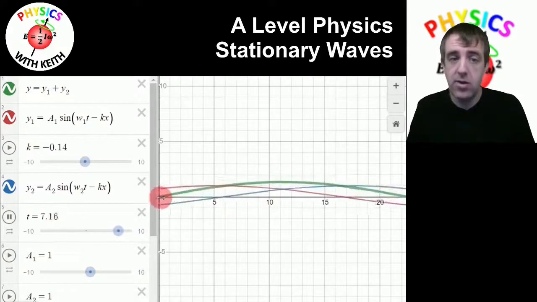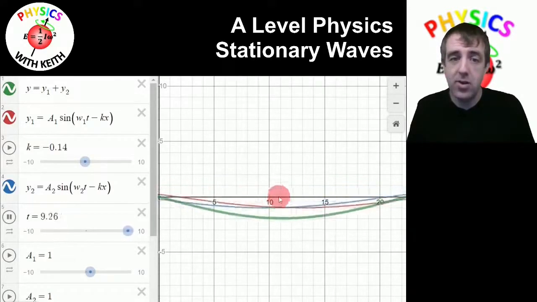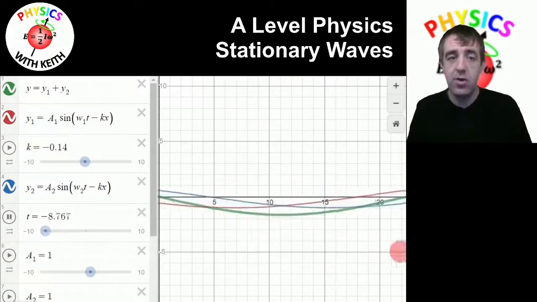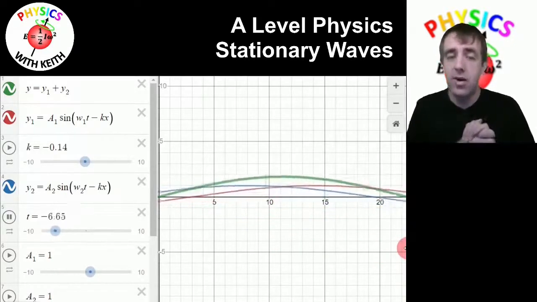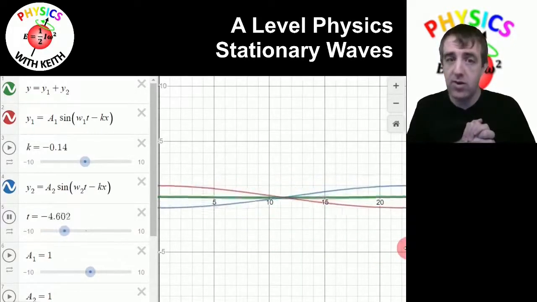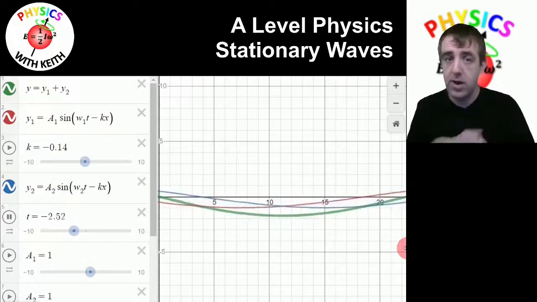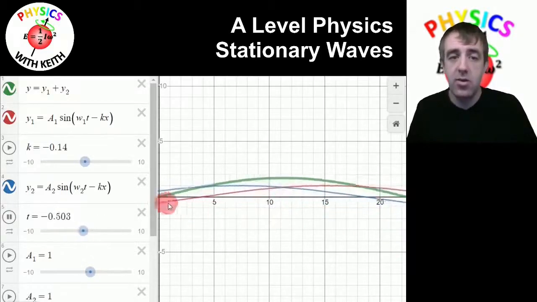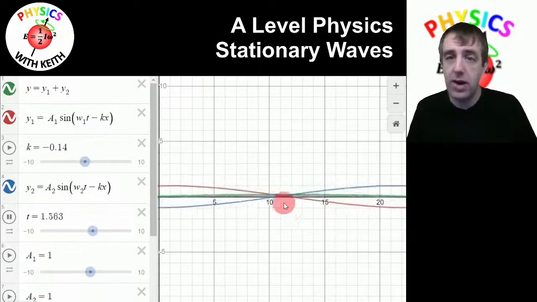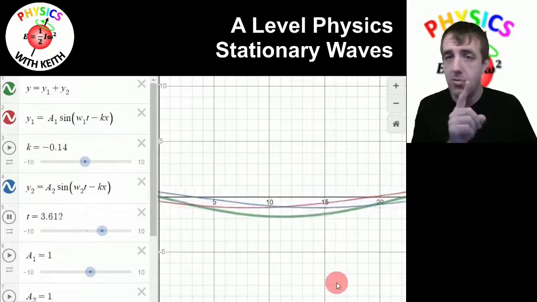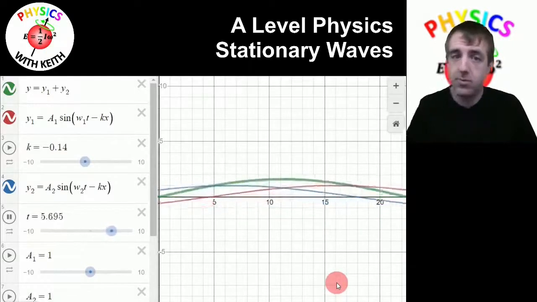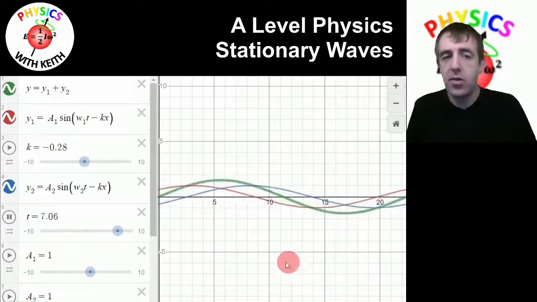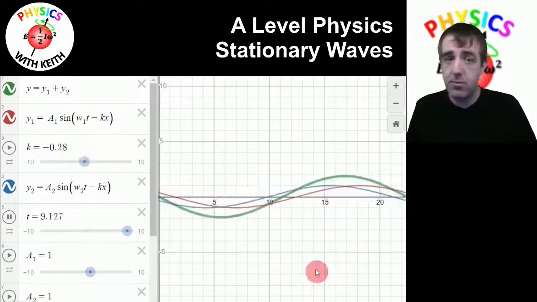We'll always have a node at the first part of the wave as well, so in the middle we have an antinode. What you're looking at here is the first harmonic, also known as the 0th overtone. The first harmonic has two nodes, one at each end, and one antinode in the middle. First harmonic, one antinode.